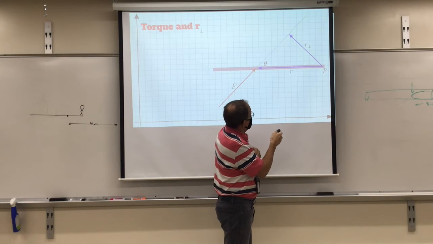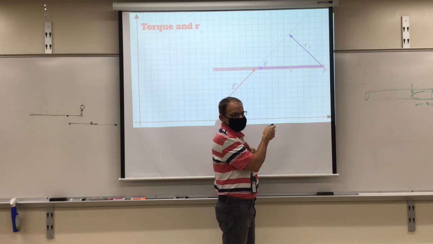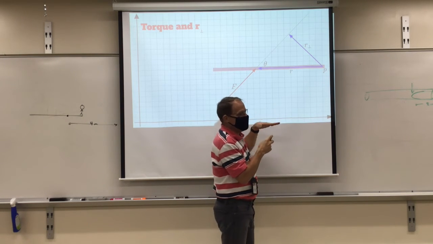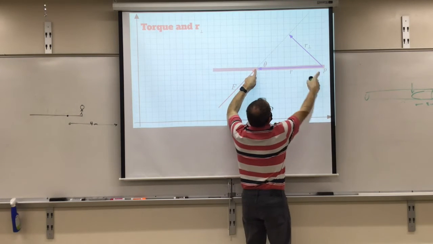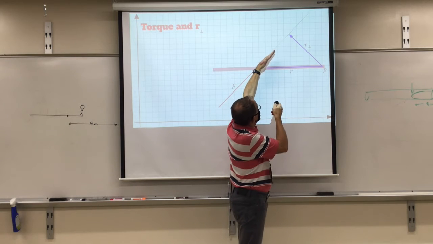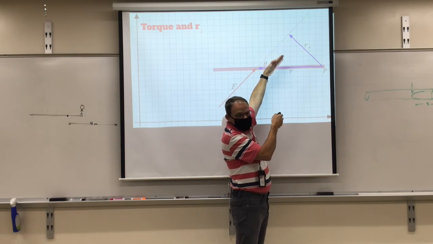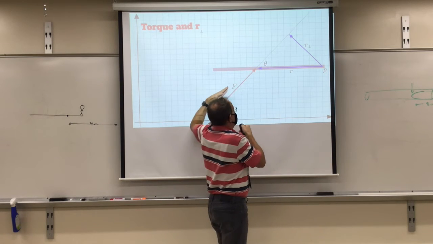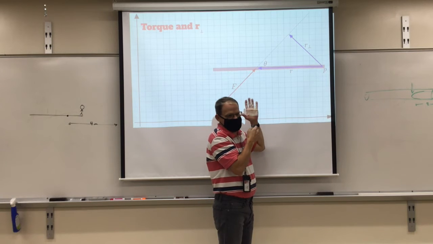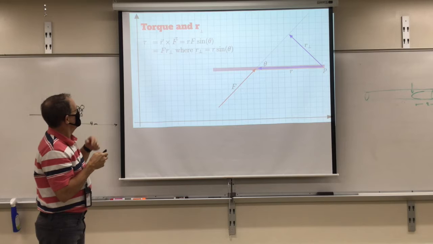If this is R, and that's theta, this length is R sine theta. So the perpendicular moment arm, you get the same torque if you take this force times this distance times the sine of theta, or if you just take this force times that distance, because that distance is R sine theta. It's the shortest distance between the line of the force and the pivot, the perpendicular moment arm. You get the same torque either way. So how you do it is up to you.